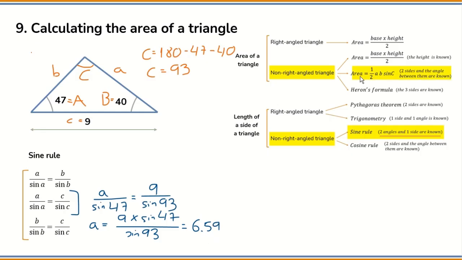And now I can apply this formula because I know two sides and the angle between them. So the area is 1/2 of one side, which is 6.59, times the other side, which is 9, times the sine of the angle between both sides, which is 40. So the area is 19.06.